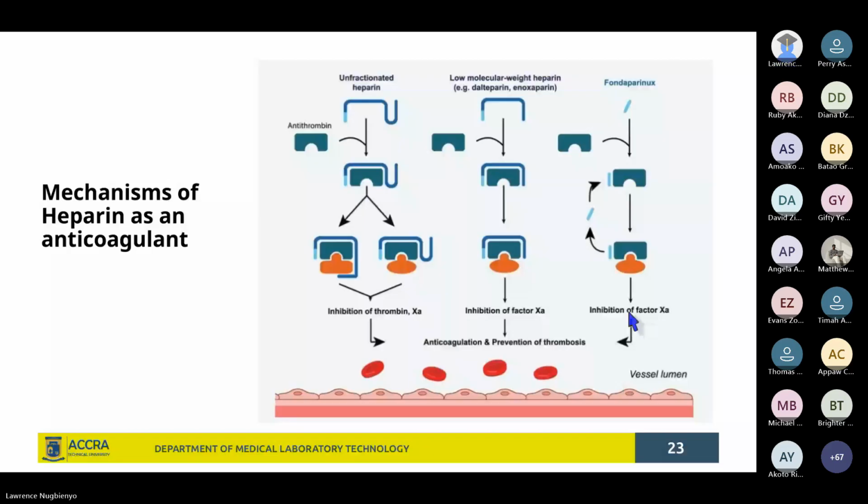And once the active antithrombin binds on XA, it inhibits it. It's no longer able to result in that formation of the fibrin. That will result in the anticoagulation effects, prevention of what is being referred to as thrombosis, or formation of blood clots in a blood vessel. All right.